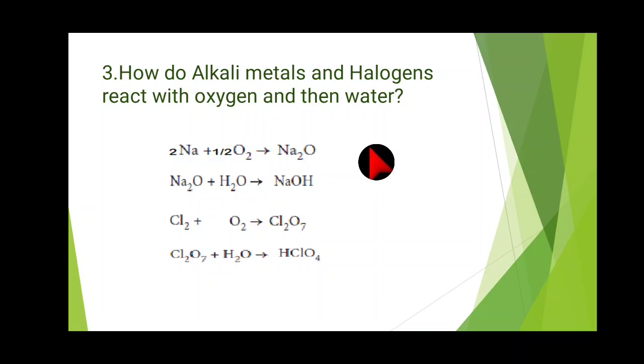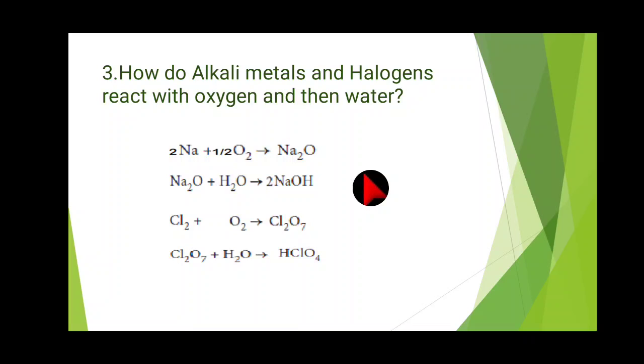The second equation, Na2O plus H2O gives NaOH, is also unbalanced, because the left side has 2 sodium and the right side 1 sodium. So make it 2. Now check the remaining elements. Left side oxygen 2, right side also 2. Left side hydrogen 2, right side also 2.